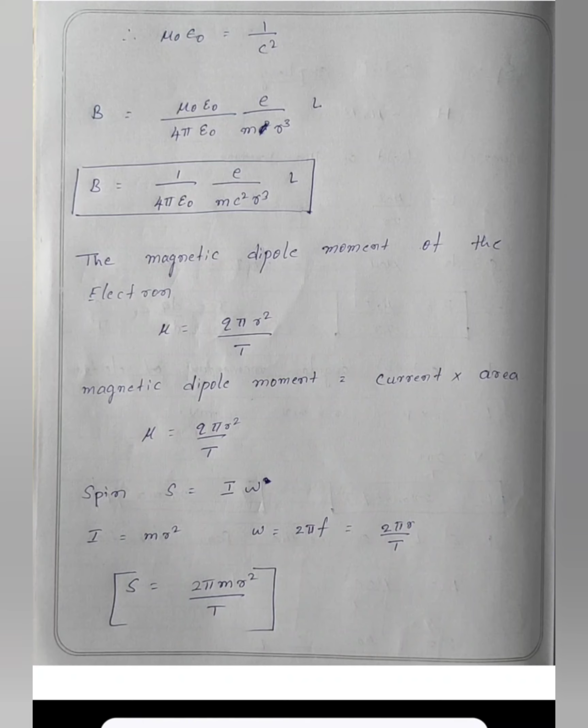So the magnetic dipole moment is equal to current times area. You can see, mu is equal to q pi r square by t.